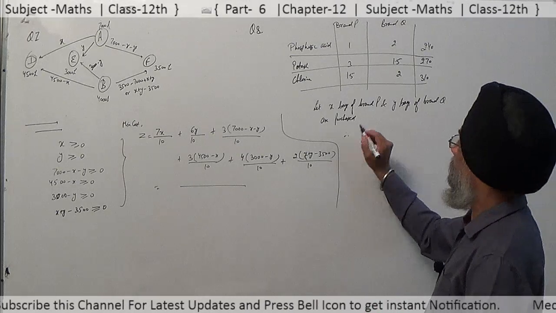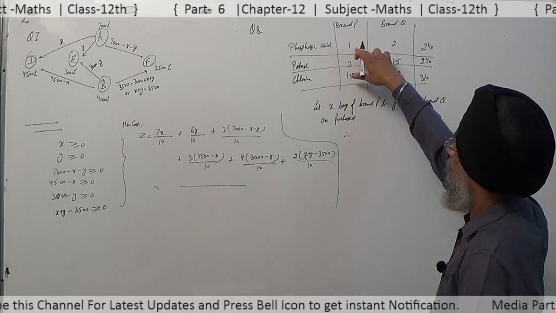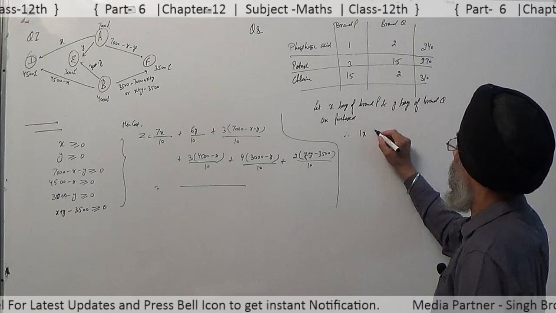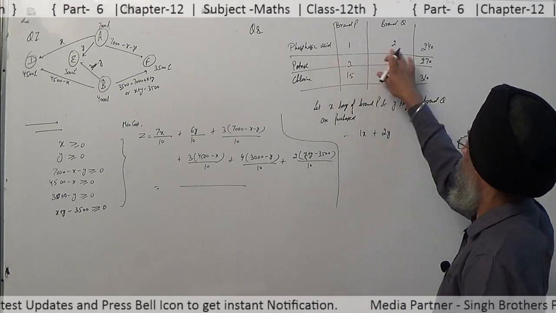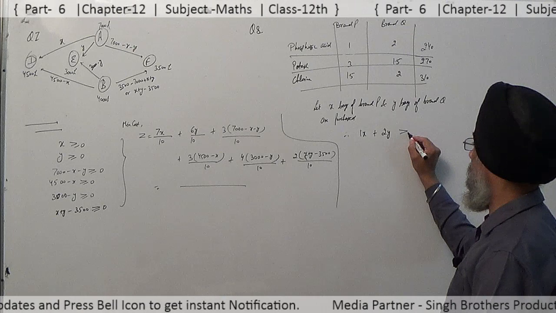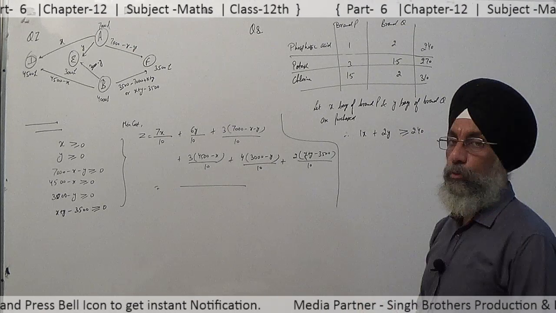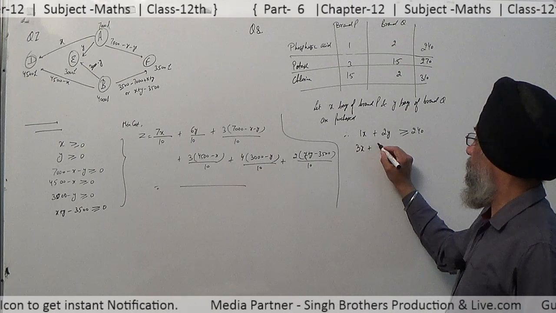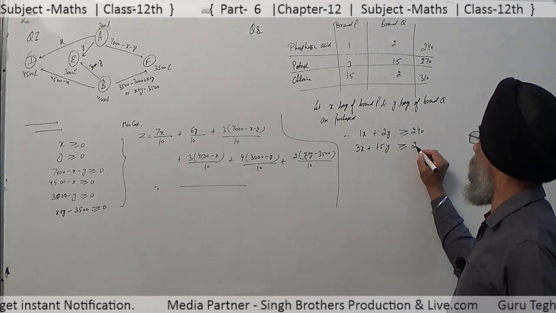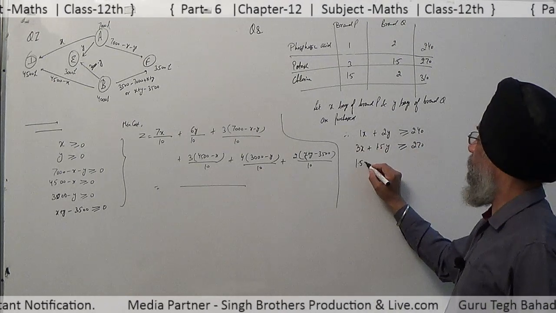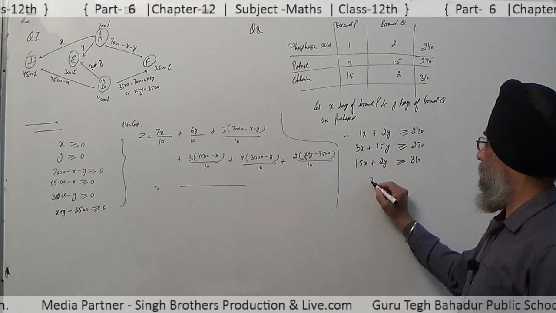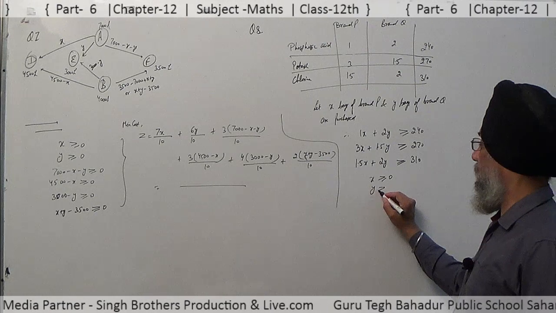Therefore, the equations become: in one bag of brand P it is 1, so 1x plus 2y is the equation for phosphoric acid, at least, so greater than or equal to 240. Then 3x plus 1.5y is greater than or equal to 270, 1.5x plus 2y is less than or equal to 310, x is greater than or equal to 0, y is greater than or equal to 0.